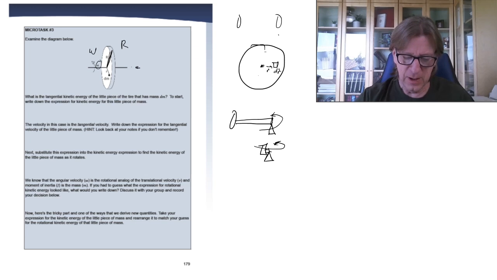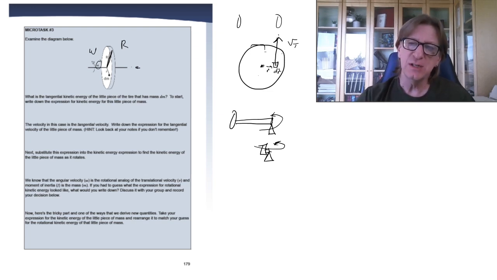Okay. All right. So let's write down the expression for kinetic energy for this little piece of mass right here. Now we're going to write down the translational kinetic energy. So you see that instantaneously it's moving in this direction, and that's our along track velocity, our tangential velocity that we talked about before.